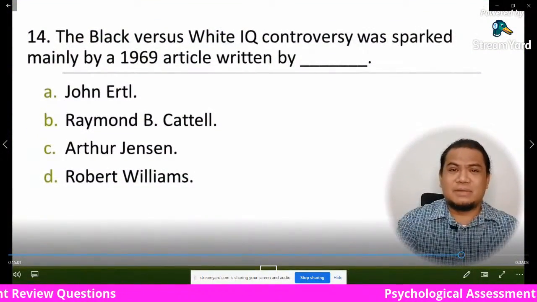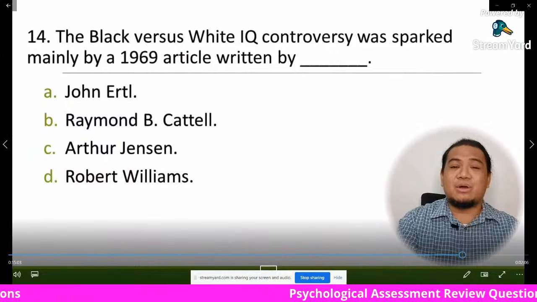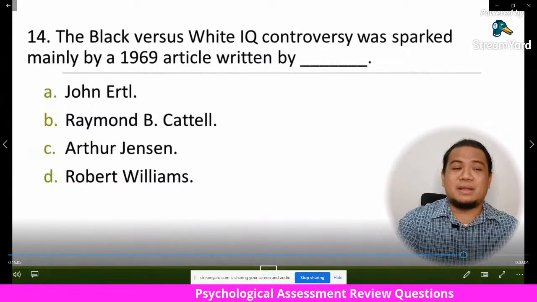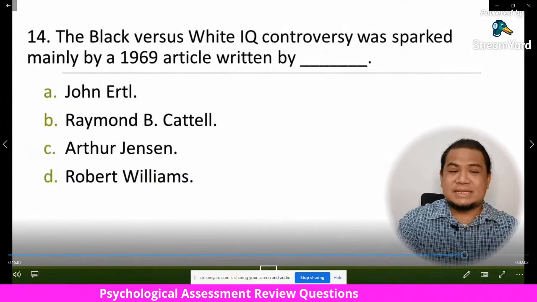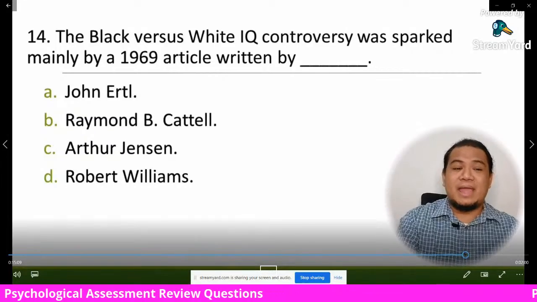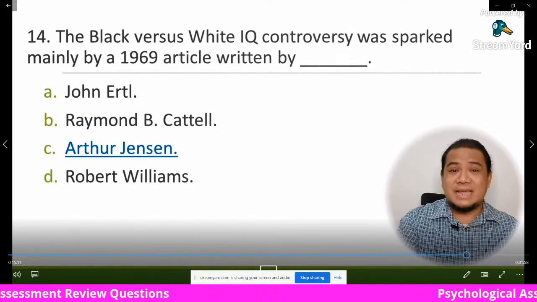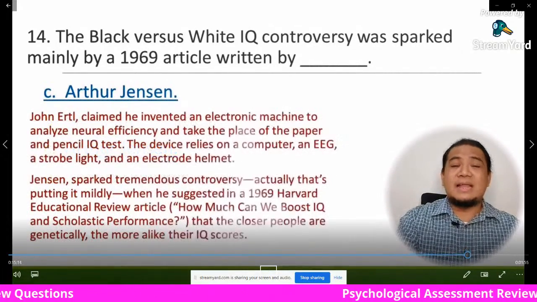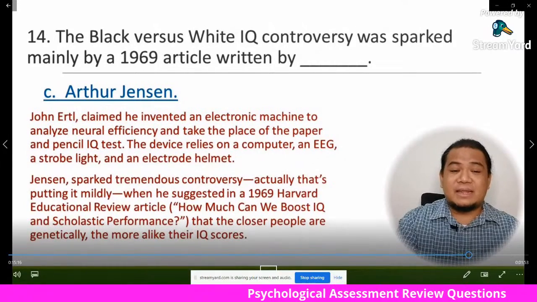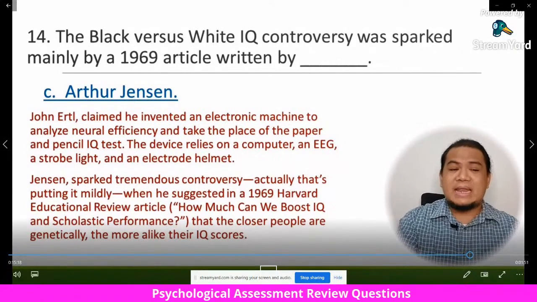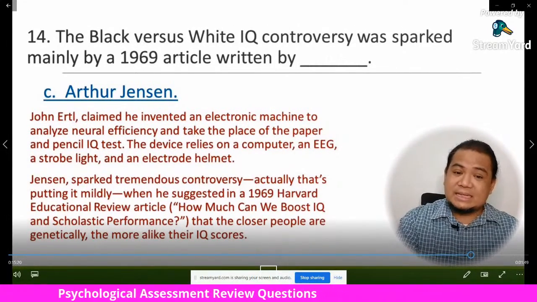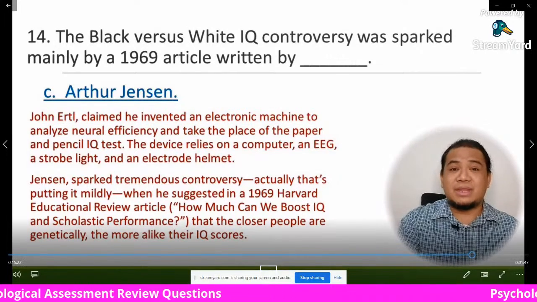Number 14. The black versus white IQ controversy was sparked mainly by a 1969 article written by, and the answer is Arthur Jensen. John Ertl claimed he invented an electronic machine to analyze neural efficiency and take the place of the paper and pencil IQ test.